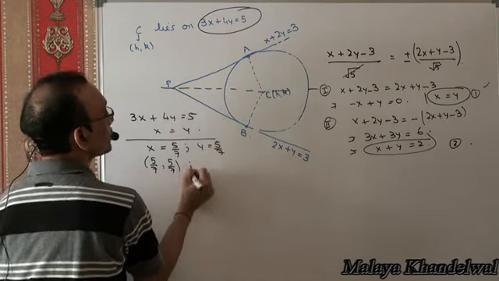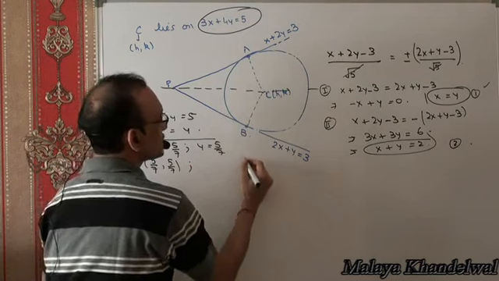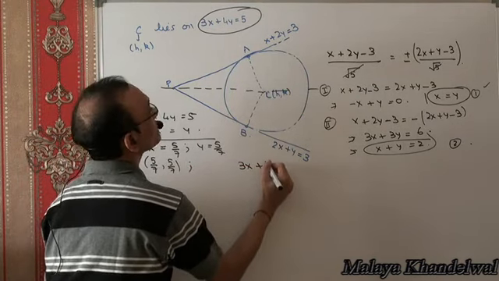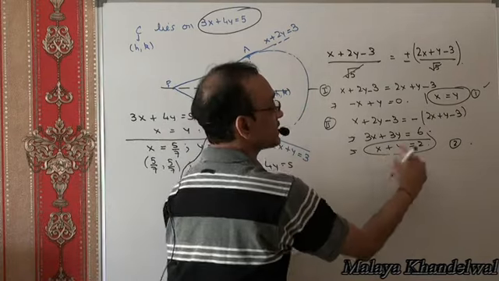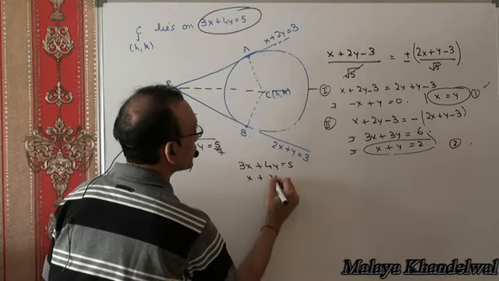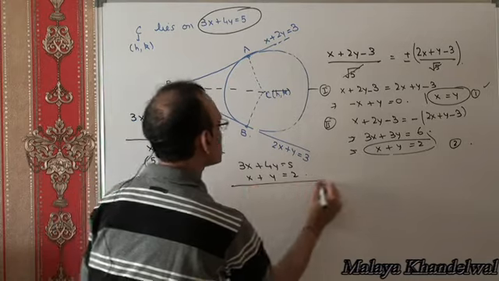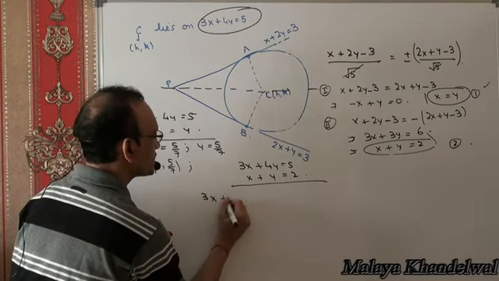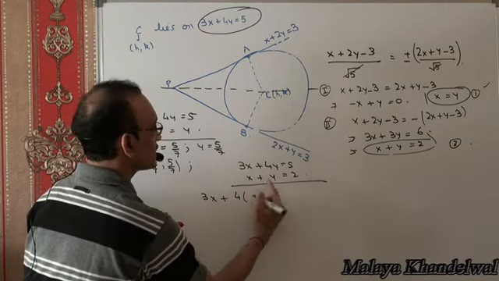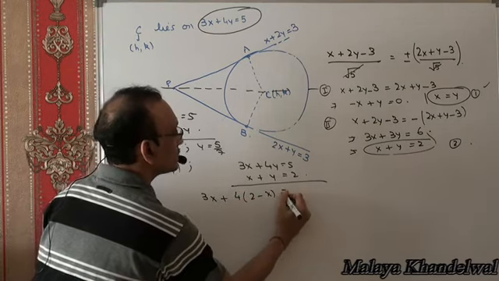Or the other thing is C lying on this. That means C satisfying 3x + 4y = 5, and C lying on the other angle bisector, x + y = 2. Now what does this give me? Let me solve for this. So 3x + 4 into y, which is 2 - x, equals 5.